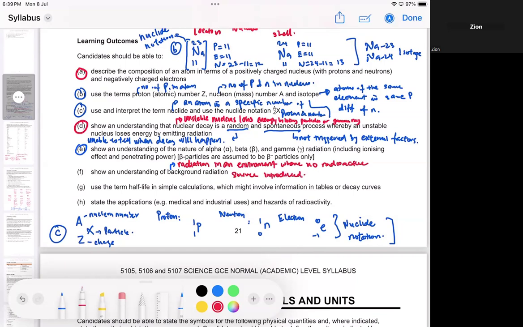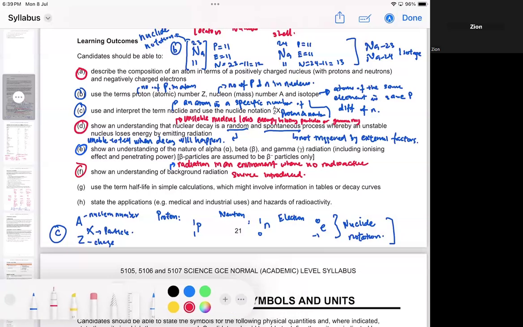So without a deliberate addition of a radioactive source, you still have radiation. So where do you think you can find them? Or rather, why does it even occur?